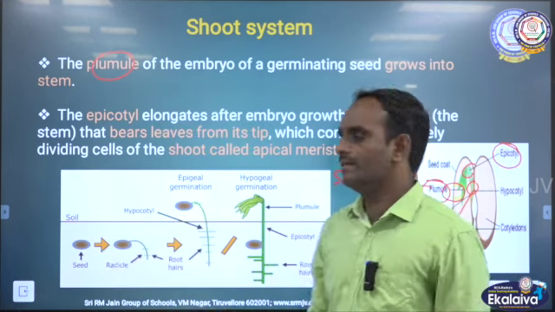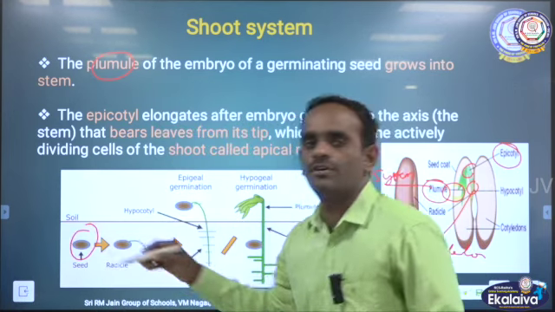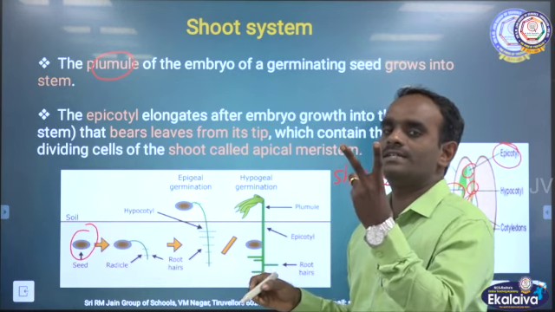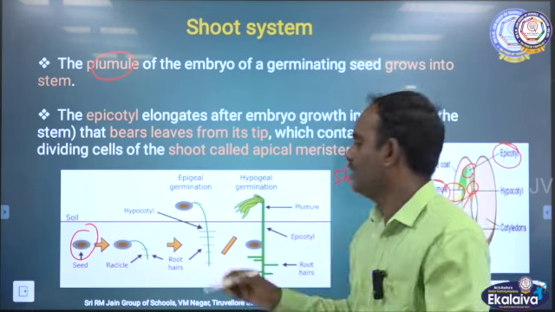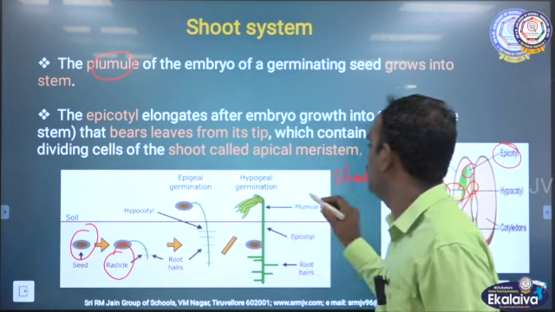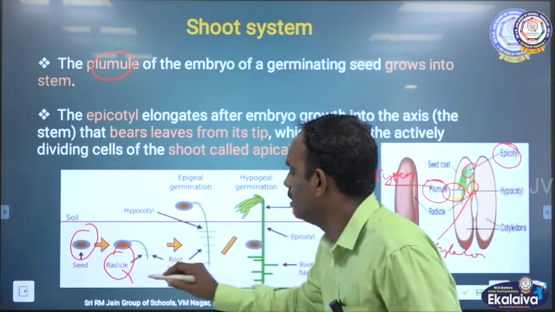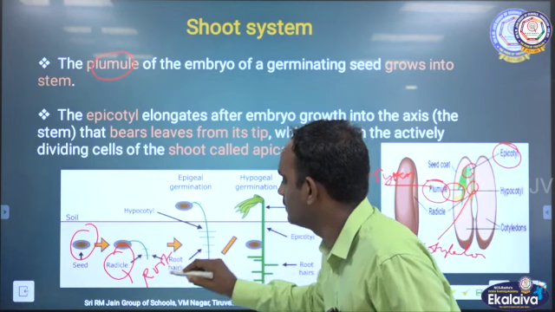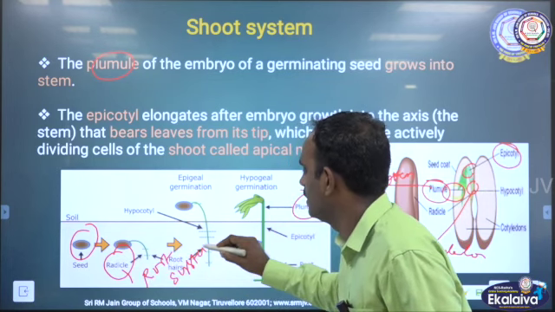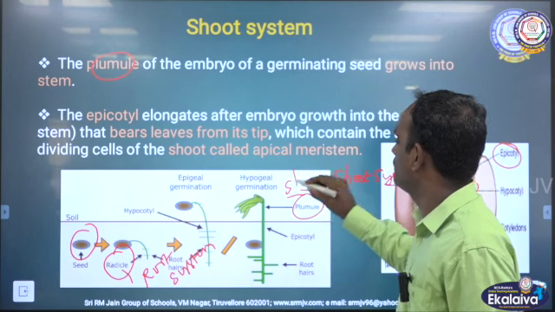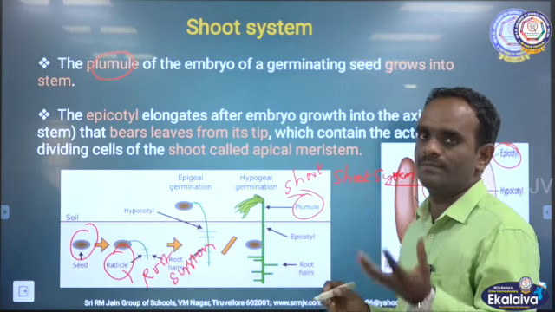See the picture here. When the seed is germinated in the soil, two important structures will arise. One is the radicle and another one is the plumule. The radicle gives rise to the root system. The plumule gives rise to the shoot system.